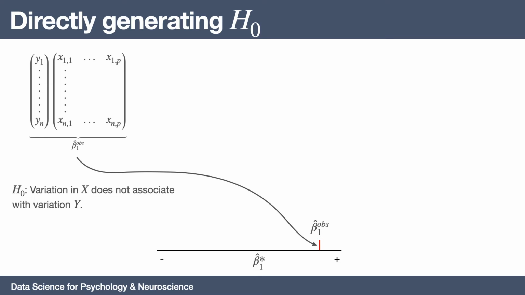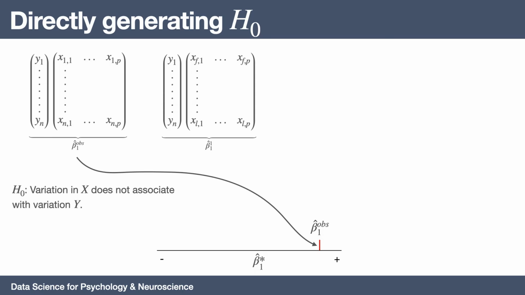And then what I say is, okay, if variation in x does not associate with variation in y, then the associations across observations are arbitrary. So why don't I just break that? I'll do an iterative approach where I try many different variants of my experiment, but where I break the association between x and y. So I'll make a new data set on the first iteration.